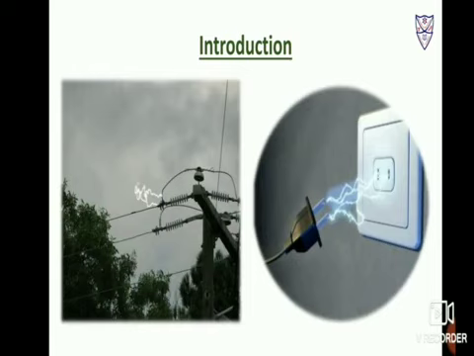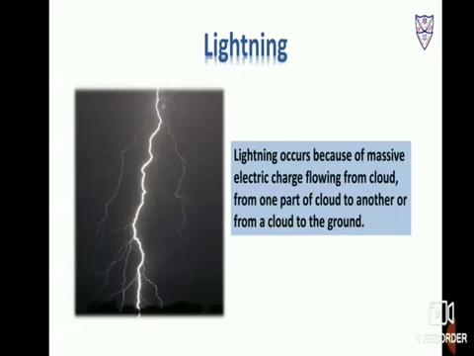Now students, we can see electric sparks on the electric pole when wires become loose. We can see electric sparks when a plug is loose in its socket. Sometimes we notice a flash of light all over the sky during rain and thunderstorms. This natural phenomenon is called lightning. Lightning is also an electric spark, but on a huge scale.